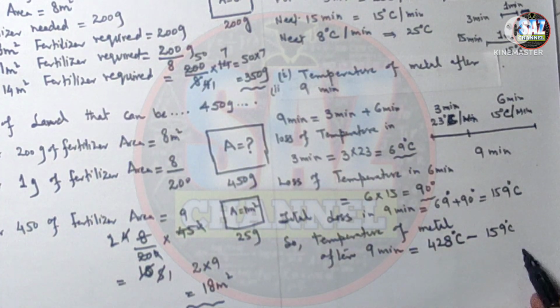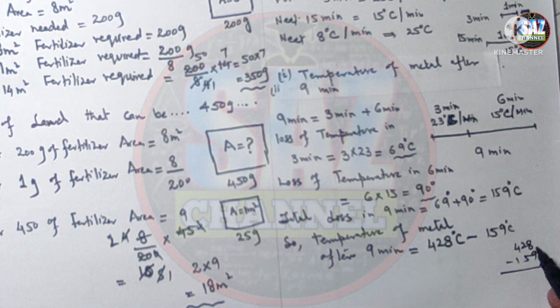Let's try to perform the calculation mentally, because this is not a big calculation. Maybe the question can come in paper 1. So I cannot take 9 from 8. 18 minus 9 is 9. I'm left with 1. 11 minus 5 is 6, and 3 minus 1 is 2.